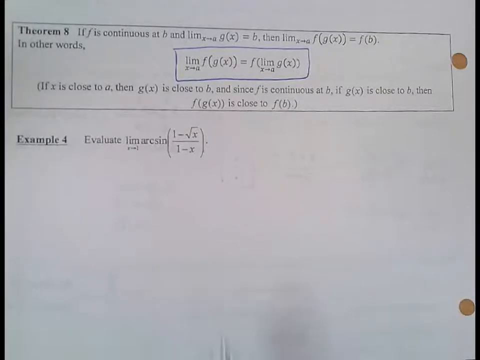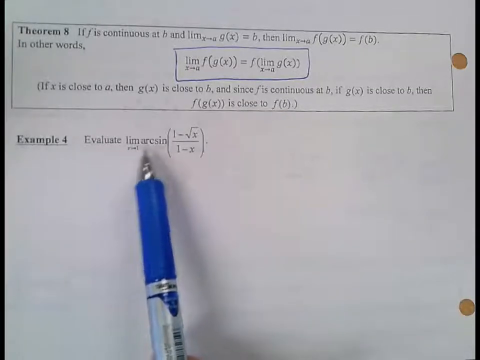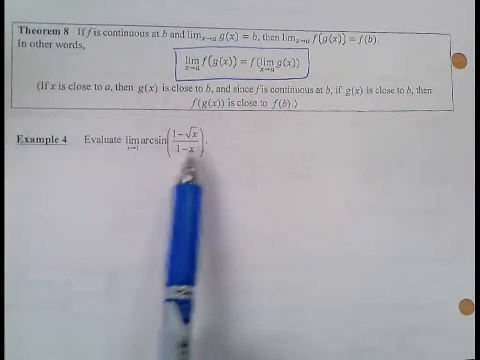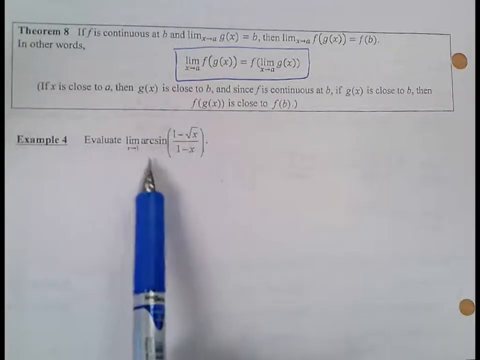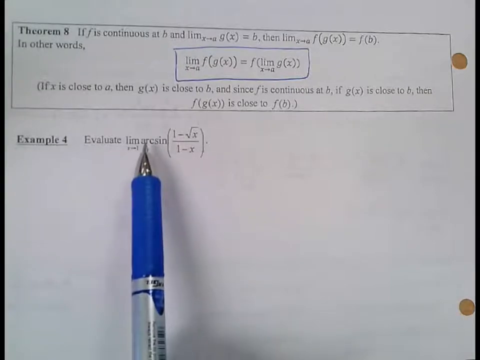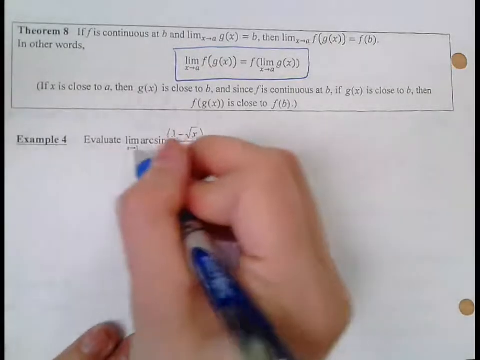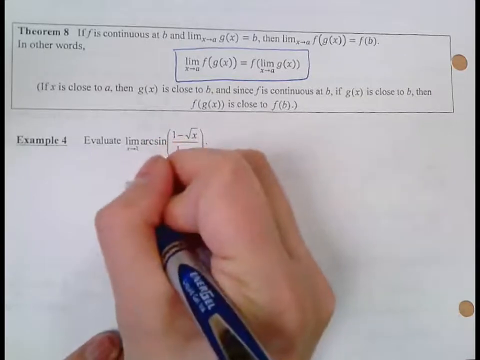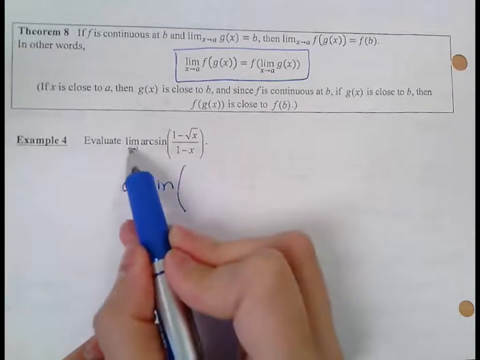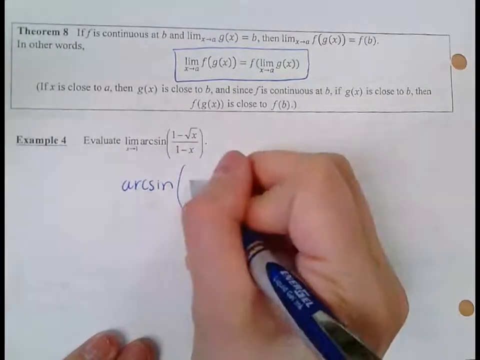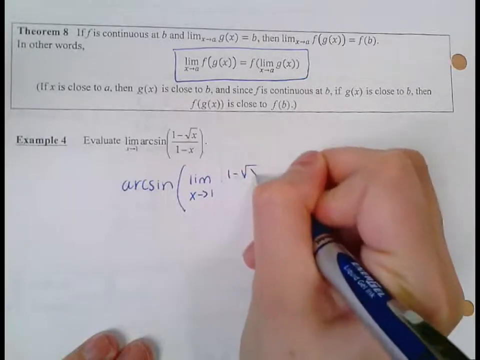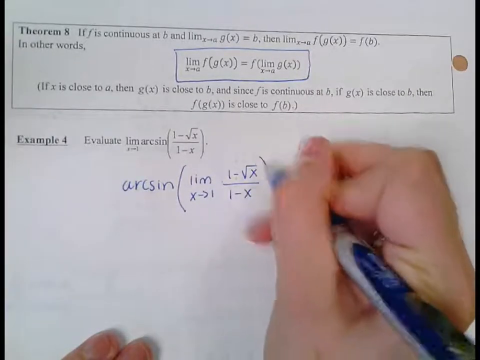So in example 4, it says evaluate the limit as x approaches 1 of arc sine of the quantity 1 minus square root x over 1 minus x. So note that you have a composite function. We have a function inside of the arc sine function. So I can rewrite this as arc sine of, and just take the limit of what's inside. So the limit as x approaches 1 of 1 minus the square root of x over 1 minus x.